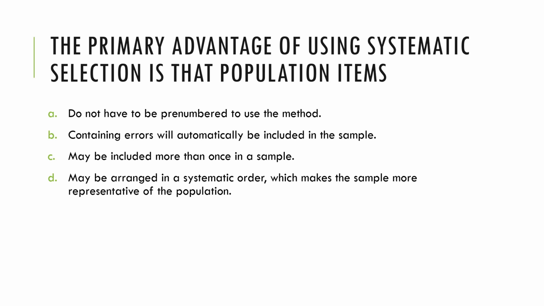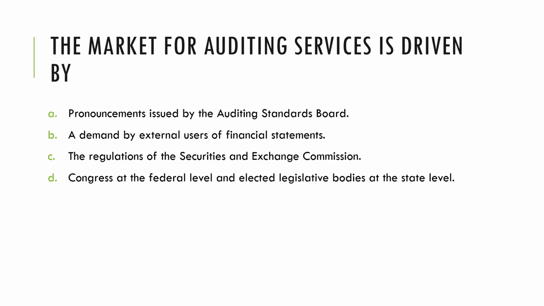And so, therefore, if you use systematic selection and it would end up that every fifth person or every fifth item is a male, you will come up with a sample that is all males because the population is already arranged that way, right? So letter D is actually a disadvantage rather than an advantage. So the primary advantage is that they do not have to be pre-numbered. Physical arrangement is already enough for you to use systematic selection.